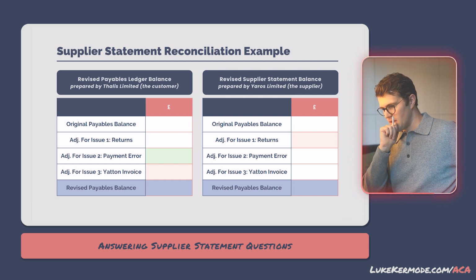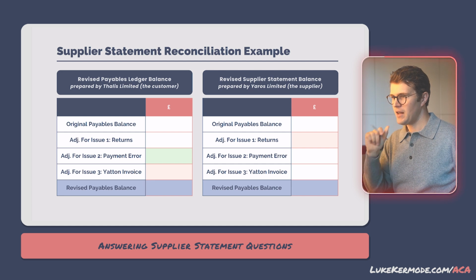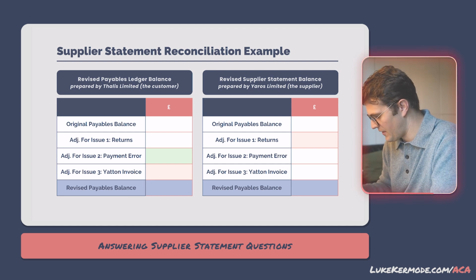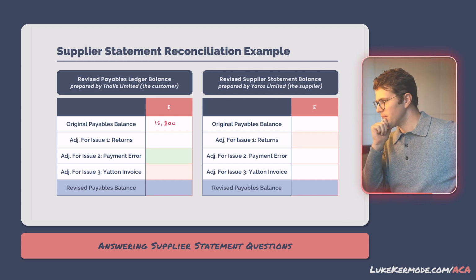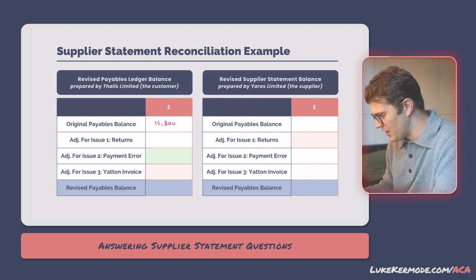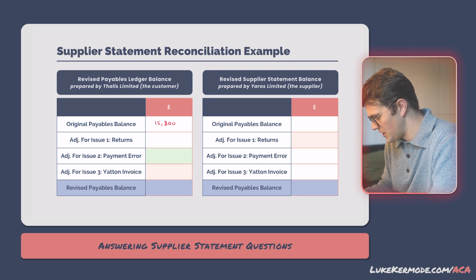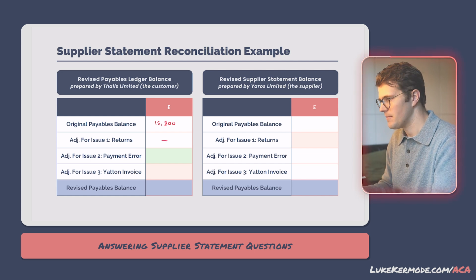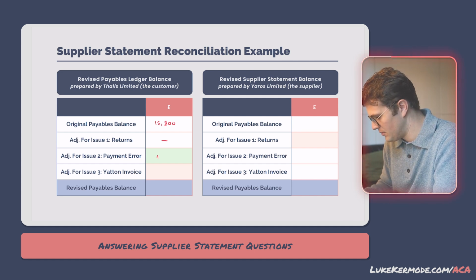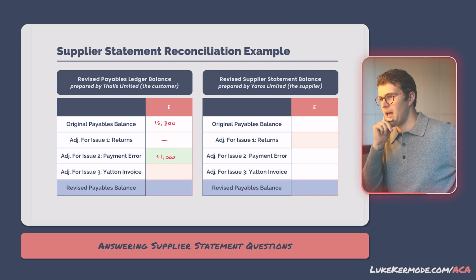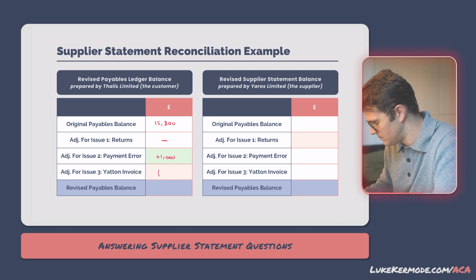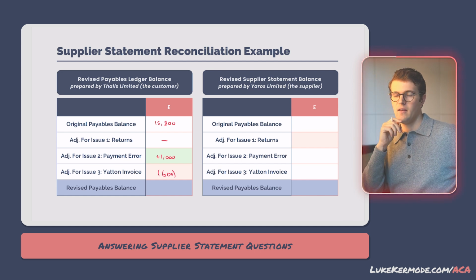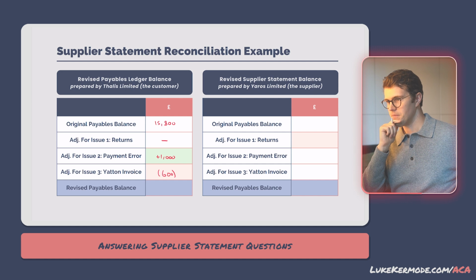So let's start with Thales' payables ledger balance. So we know that the original payables balance that they had recorded was £15,800. We don't need to make any adjustment for the returns issue, but we do need to increase that £15,800 amount by £1,000 for the second issue, the payment error, and we also need to reduce it by £600 for the wrongly attributed Yatton invoice.